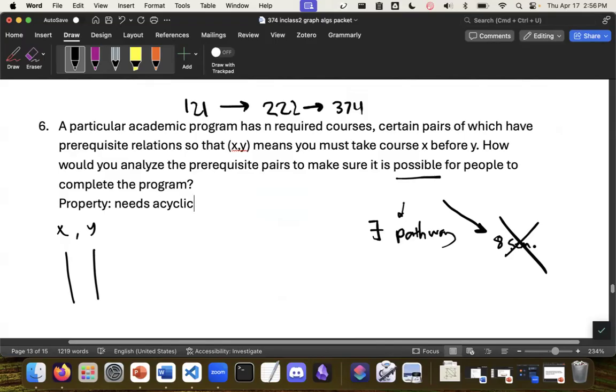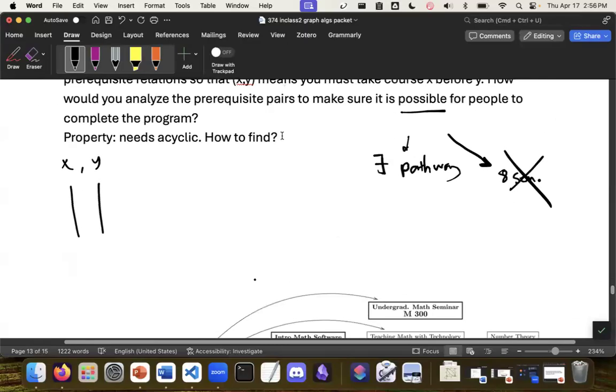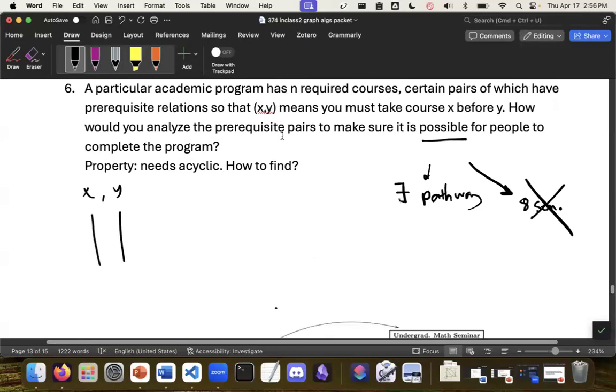So now the question is, how do we figure out that it's acyclic? This is what I'd like you to talk about. So we're given the pairs, and maybe it's obvious if we have Calc 1 and Calc 2, where we've got two pairs that are adjacent to each other.